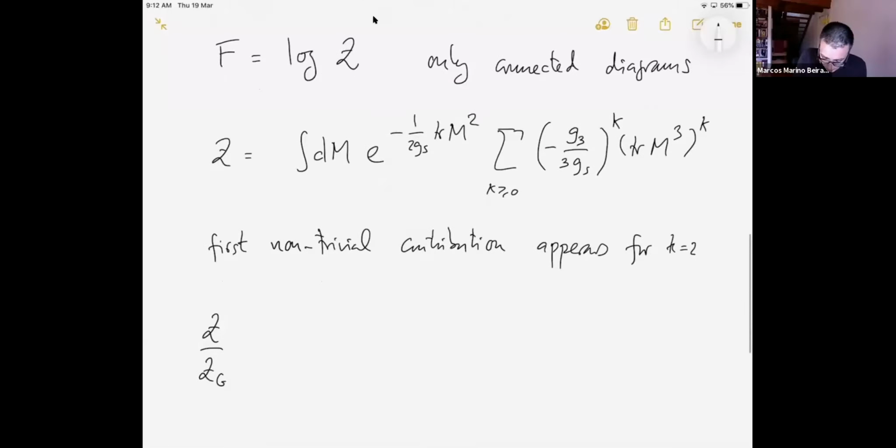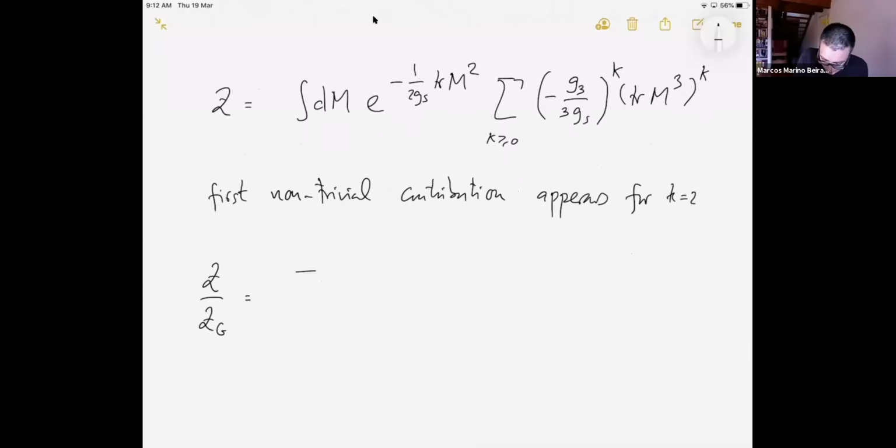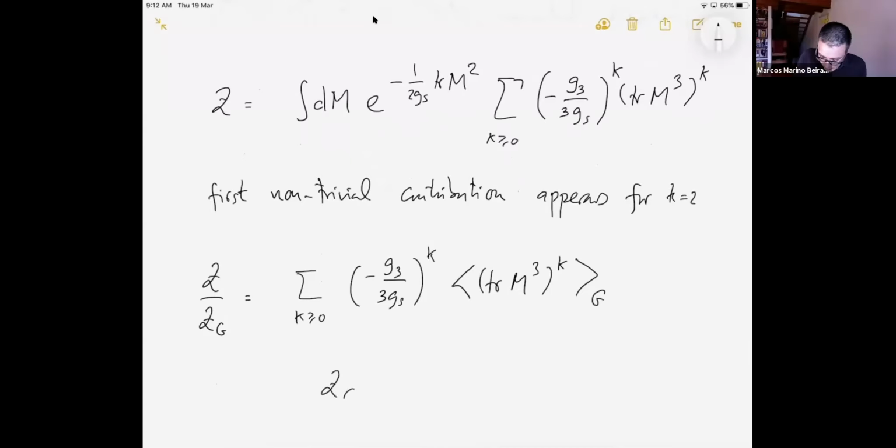let me remind what Z_G is. Then this is just the sum over k bigger or equal than 0 of minus G3 over 3 g_s to the k, and then this is the average of trace M cubed to the k in the Gaussian matrix model, where Z_G is just the integral for the Gaussian theory.